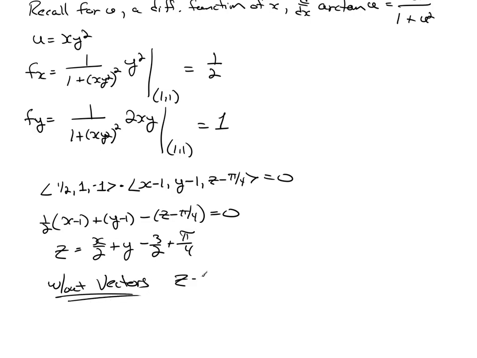Now, if I wanted to do this without vectors, I know that z minus z naught equals the partial with respect to x times x minus x naught plus the partial with respect to y times y minus y naught.